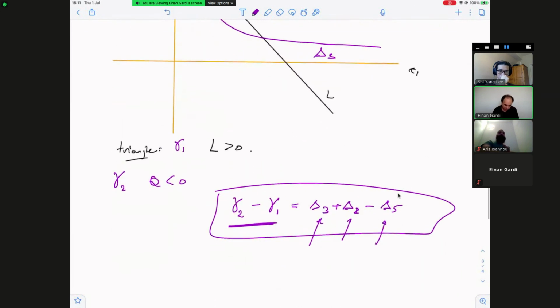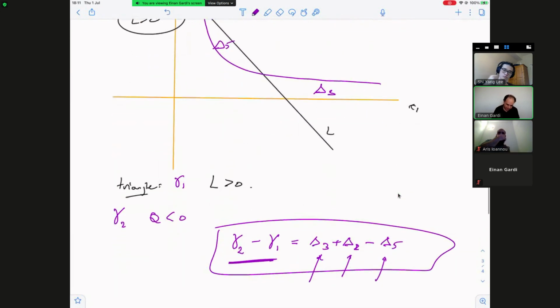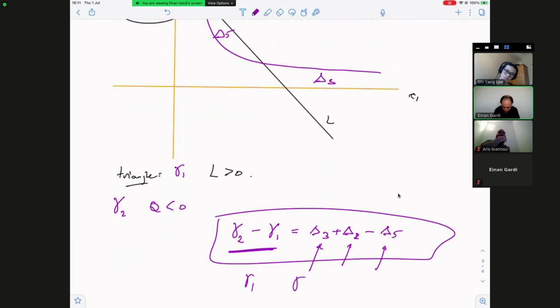So it's enough for us to find either gamma 1 or gamma 2, and then we find the other, right? So we're trying to get more shapes here in this plane. And then I think it should be possible to identify the branch points.